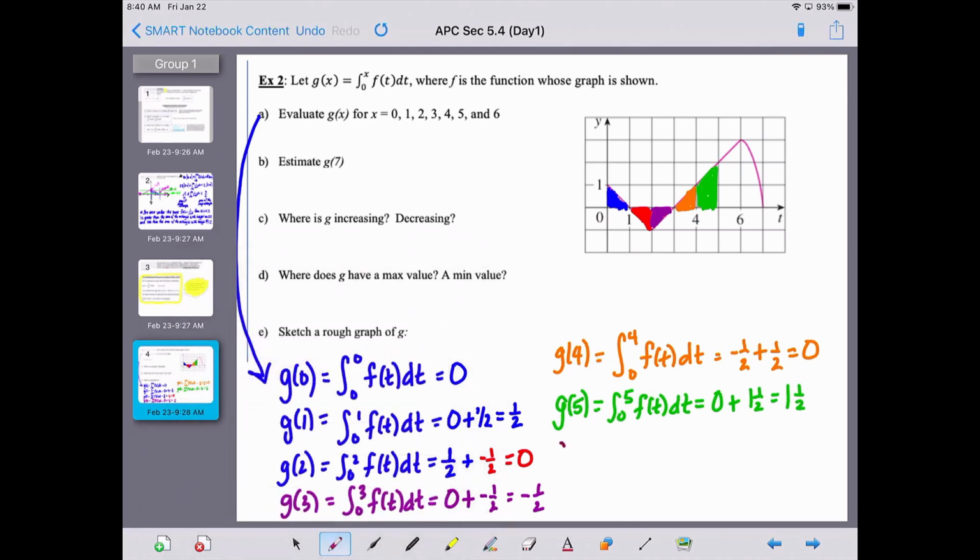And then finally, g of 6 is going to be equal to the integral from 0 to 6 of f of t dt, which is going to be the value of the integral from 0 to 5, which was 1 1/2, plus the new area that we are adding on here, which is another positive 2 1/2 units. So 2 1/2 plus 1 1/2 is going to give us a value of 4.